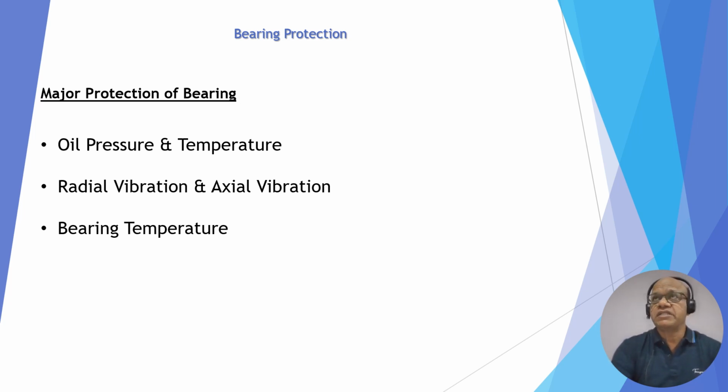So oil pressure is nothing but it supplies a certain amount of oil which takes care of the heat generated due to rotation of the shaft, or between the shaft and the bearing babbitt. Another parameter is temperature. So sufficient oil should be maintained. That means oil pressure should be maintained. If it is not maintained, then the machine has to be tripped or stopped.